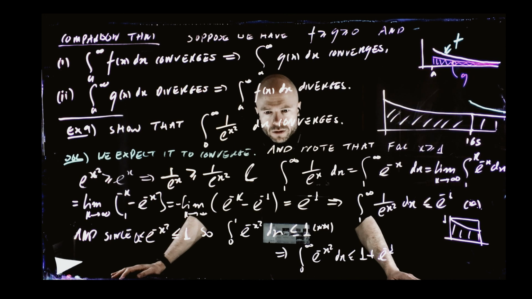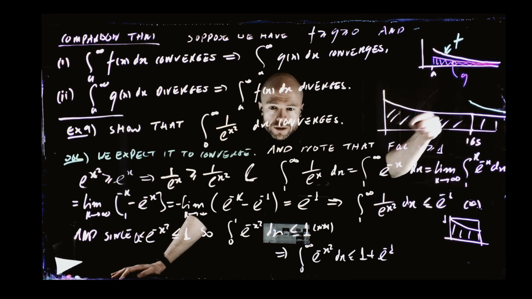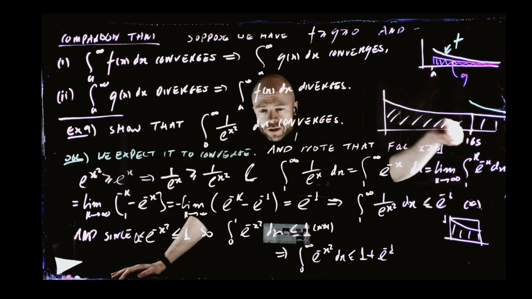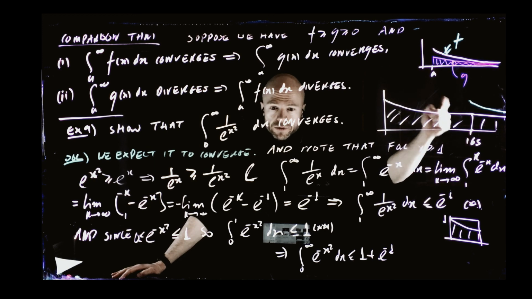Okay. So this is an important point, that it's useful to start at some other point where we know the function is underneath some other function that we can calculate. And what I was saying at the beginning is that we could choose a different function. We could choose 1 over x to the power 175, whatever.